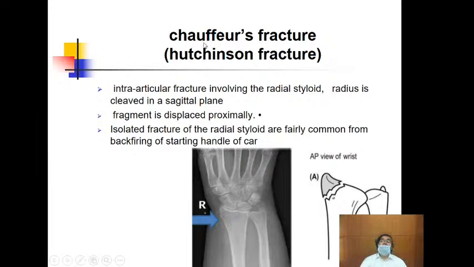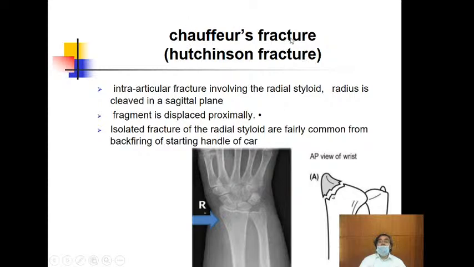There is one more fracture called Chauffeur's fracture. It is called Chauffeur's fracture because in olden days the cars used to be started by putting in a starting handle and rotating it vigorously. Usually the chauffeur does this, and if it slips, it used to hit his wrist, and this typical fracture used to occur. It is called a Chauffeur's fracture, or described by Hutchinson, known as Hutchinson fracture.